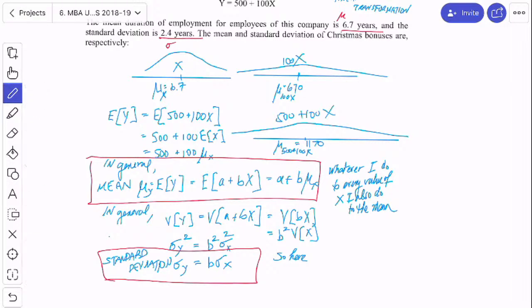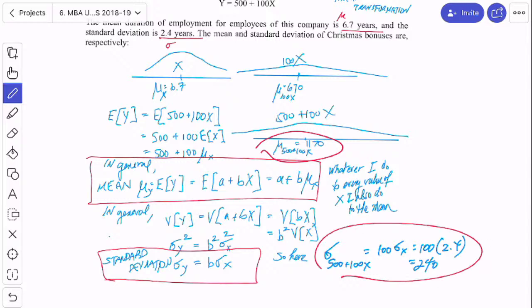So here, the new standard deviation that I write as 500 plus 100x is going to be just 100 times the original one, 2.4. I'll write it down. All right, so that's the answer here. And that's the answer here.